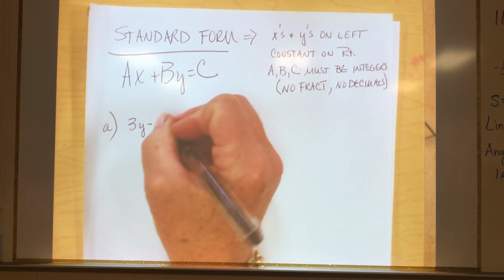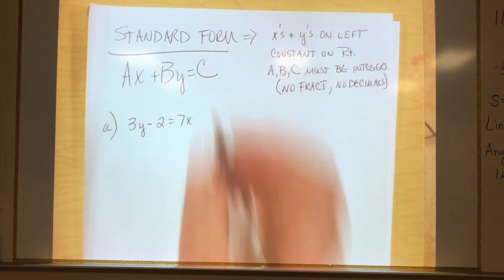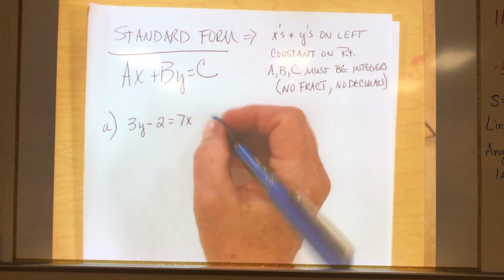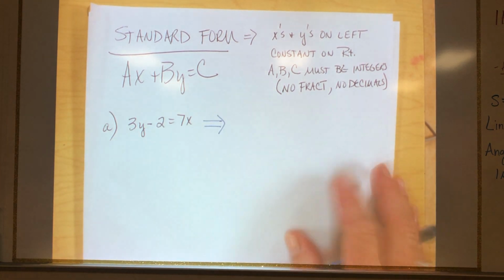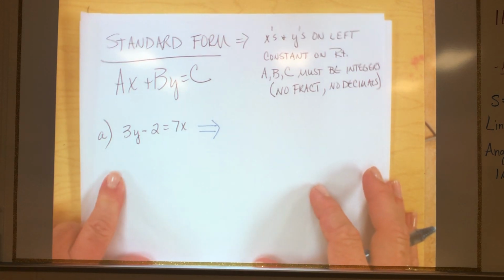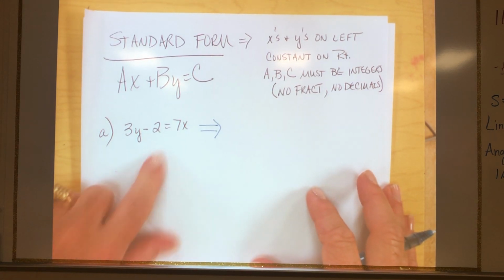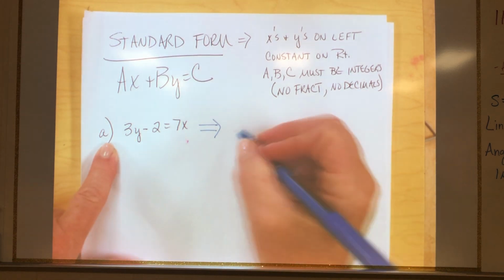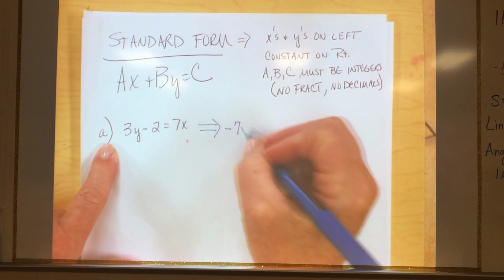3y minus 2 equals 7x. We're going to put it in standard form, okay? So in standard form, who goes on the left? Yeah, the 7x, and he's on the right, so when I move him to the left, what does he become? Negative 7x.